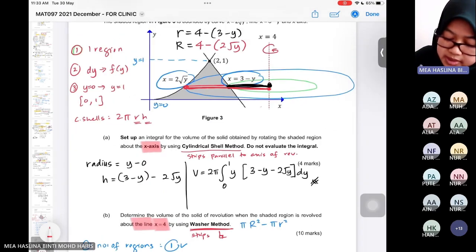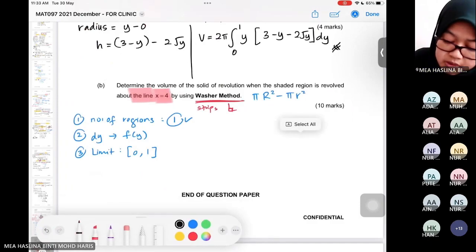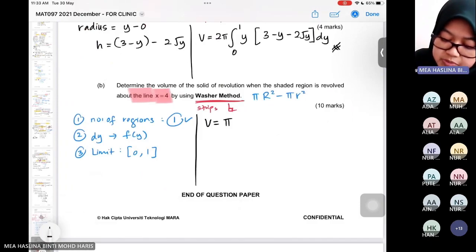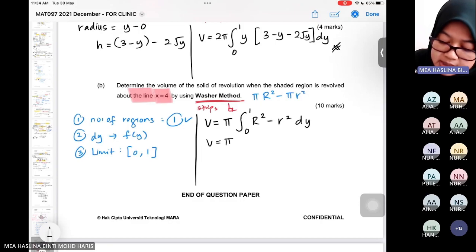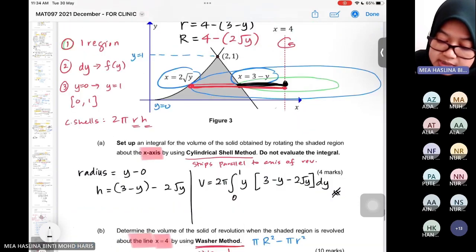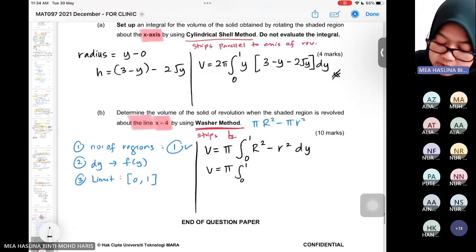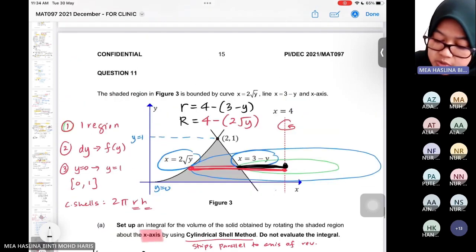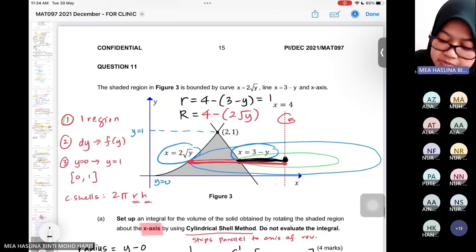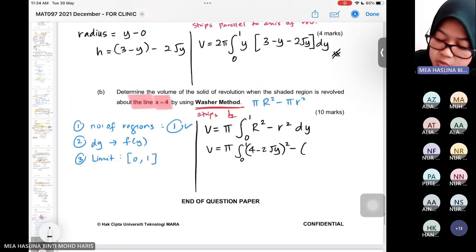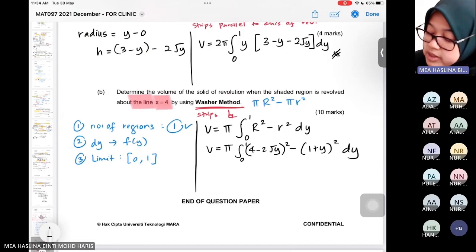So you write volume equal to pi, which can be put outside, integral from 0 to 1, big R square minus small r square dy. So you have V equals pi integral 0 to 1, big R is 4 minus 2 third y, squared, minus small r square, which can be simplified to be 1 plus y, so (1 plus y) squared, dy.